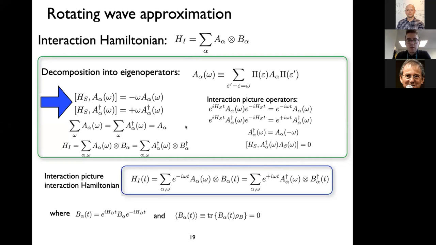The reason that the introduction of these eigenoperators is useful is when we consider transforming our interaction Hamiltonian into the interaction picture. When we do this, it will pick up some time dependence. Straightforwardly, both these system and environment operators will pick up some form of time dependence.